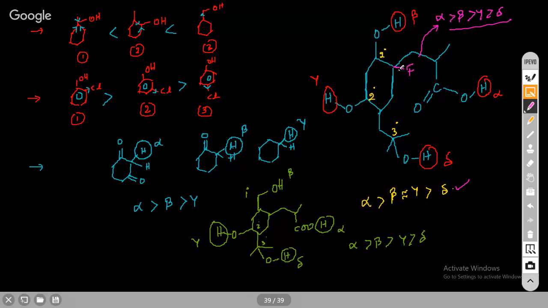Suppose I add here CH3, right? If I add here CH3, then what happens? Suppose with CH3, what will be the order then? If I substitute here CH3, tell me the order now. Instead of fluorine, if you have CH3, then what is the answer?